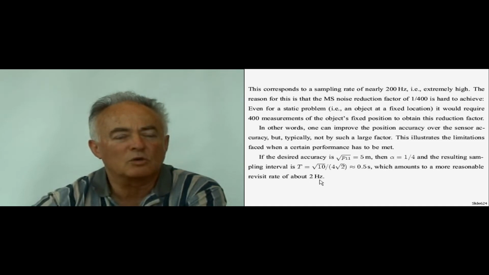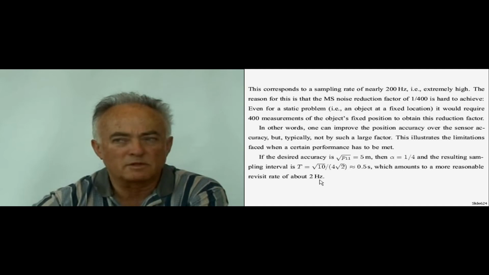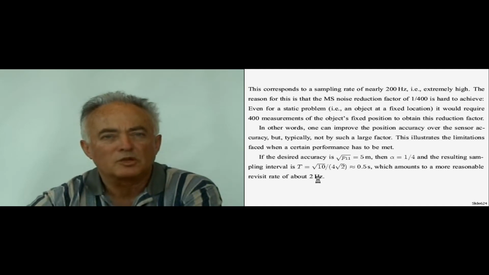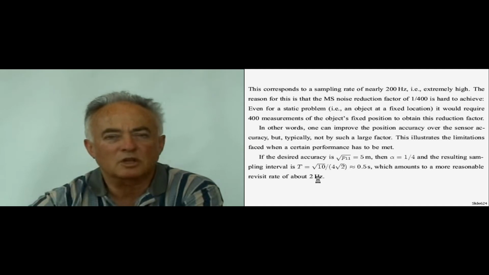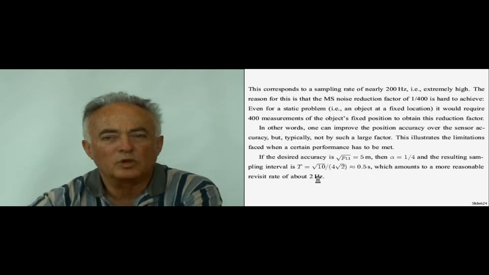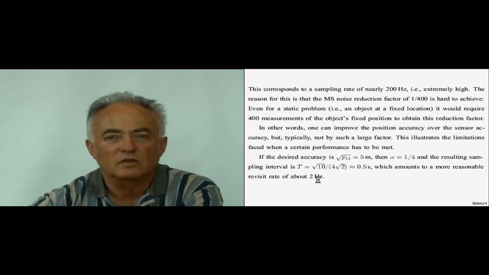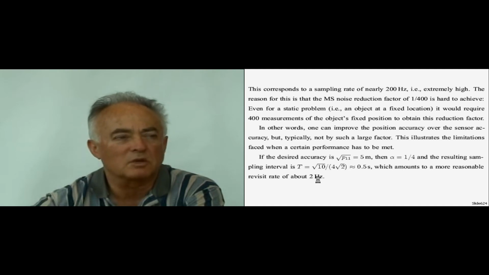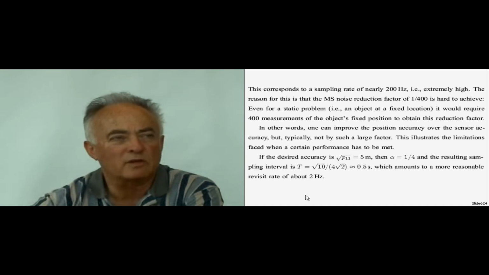So what this shows is you have a performance, you can calculate some system parameters, in this case the revisit rate, to achieve it. If it is unrealistic, as in this case where it was very high, you have to go back and rework what is achievable with a reasonable system. And we have shown that the 5 meter accuracy, yes, it is achievable.